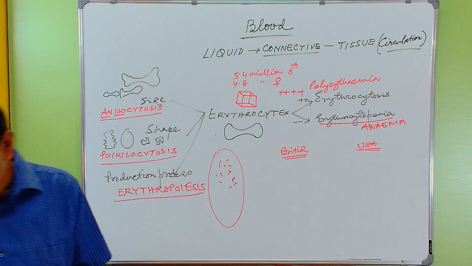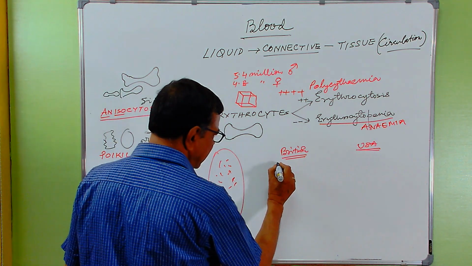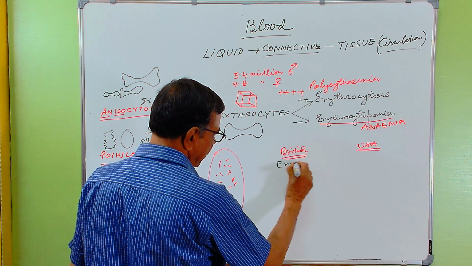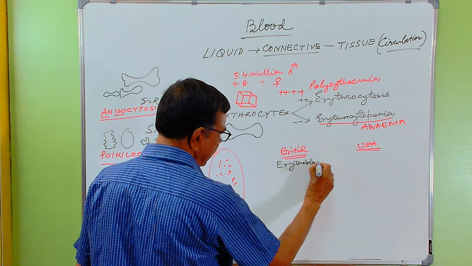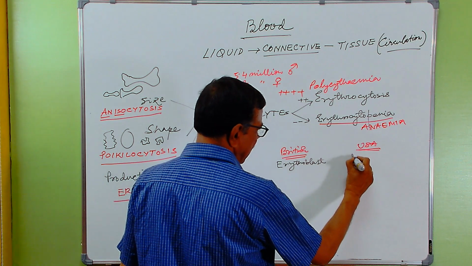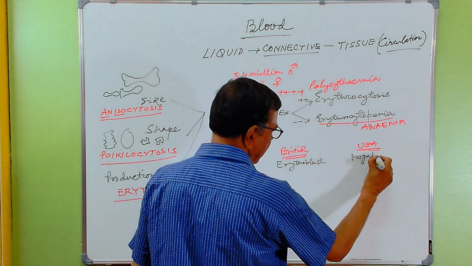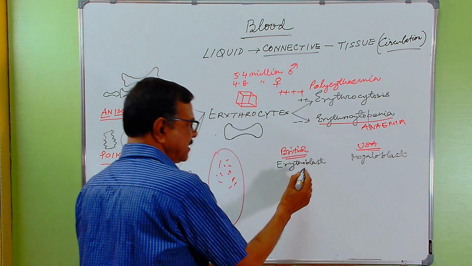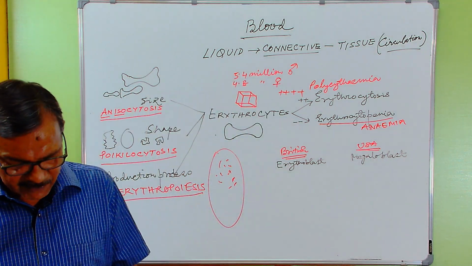First theory, they have called the initial cell erythroblast. They are calling it megaloblast and they are calling it erythroblast.